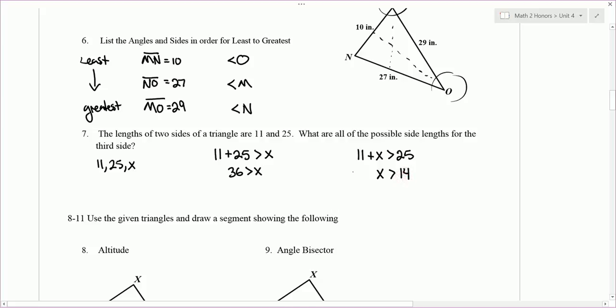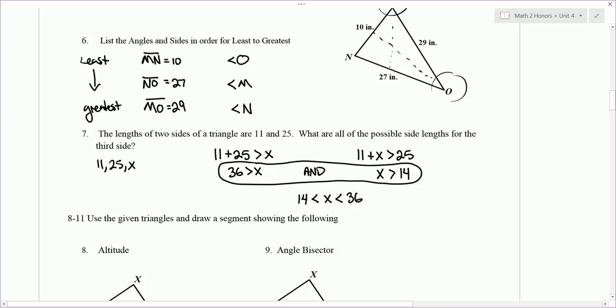And so put these together, x needs to be bigger than 14, but at the same time smaller than 36. That right there would be our answer. We can condense that. If you put the smallest number on the left and the largest number on the right, this is a condensed version of that, saying x has got to be between 14 and 36.